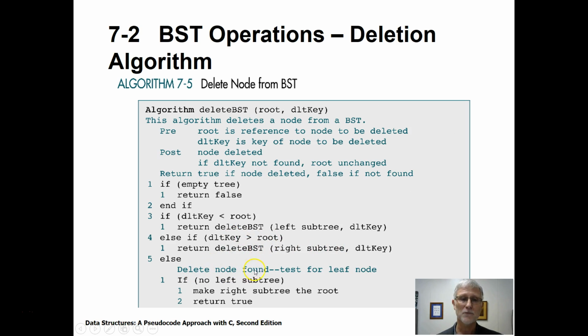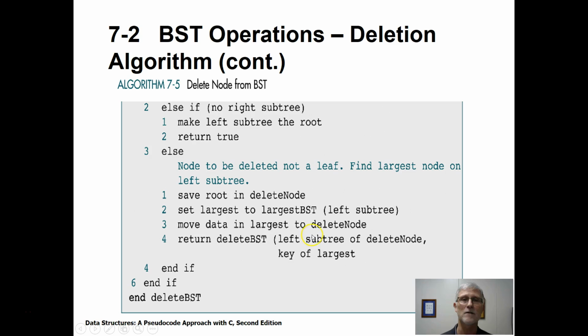Now, if the node is found, first thing I want to do is test to see if it's a leaf node. If it's a leaf node, go ahead and delete it and you're done. No big deal. But if there's no left subtree, you have to make the right tree the root and return.